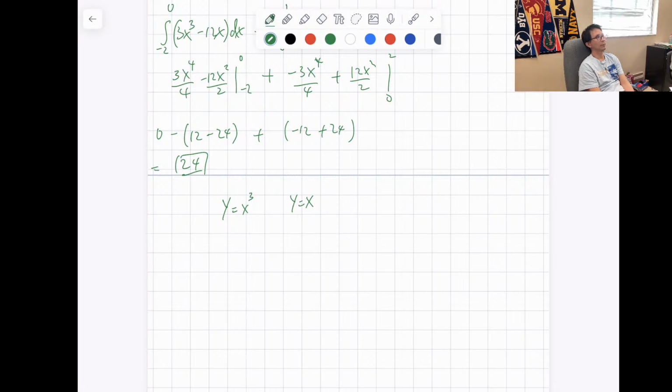Sorry, it's leaving the integral. No. No.